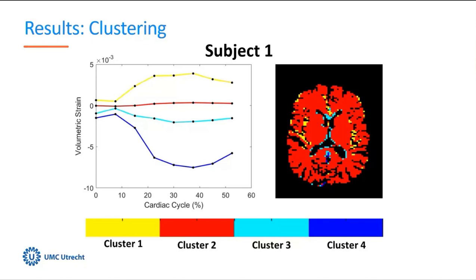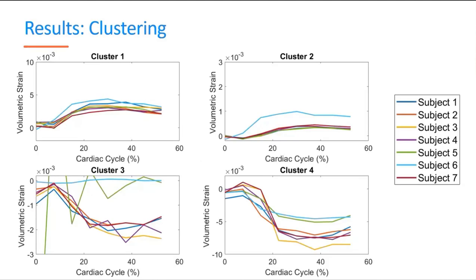We ranked the clusters from cluster 1 to cluster 4, from high to low, and we also looked at the division of the clusters over the brain maps. Then if you repeat it for all subjects and lay over the clusters in one plot, you can nicely see that, especially for cluster 1, 2, and 4, the clusters show similar behavior. And you should note here that the y-axes have different ranges.